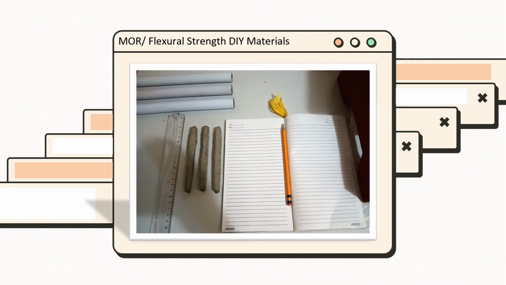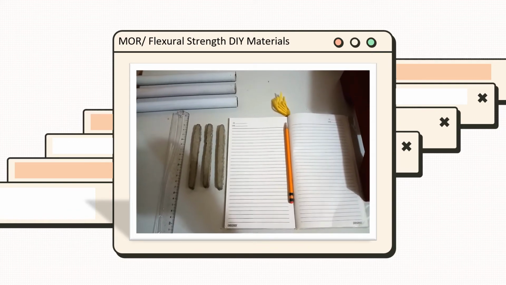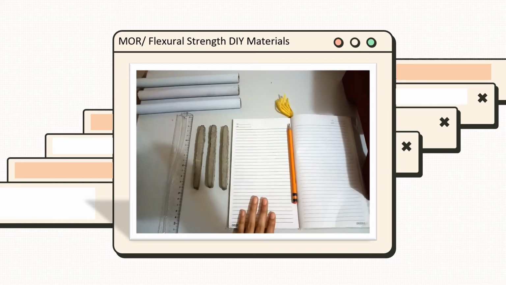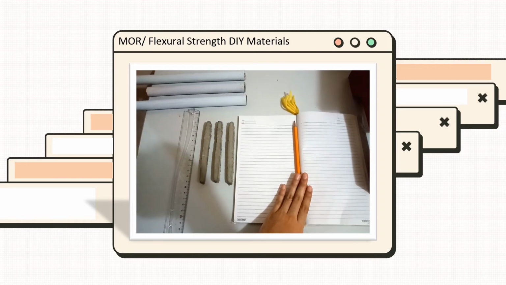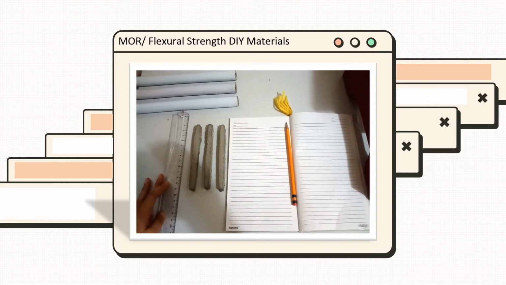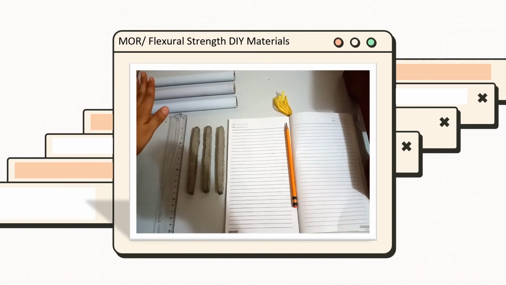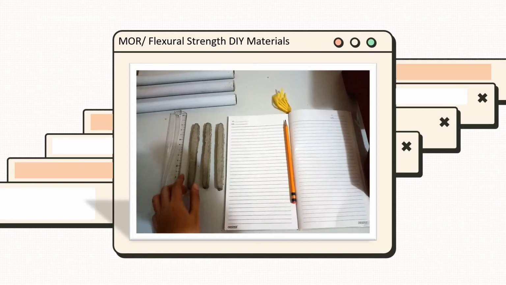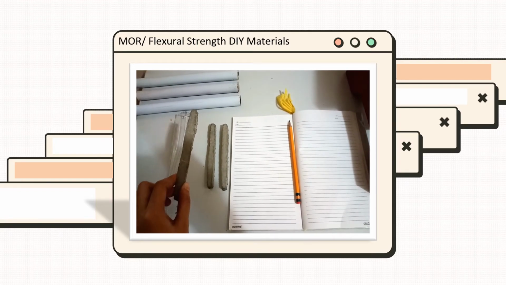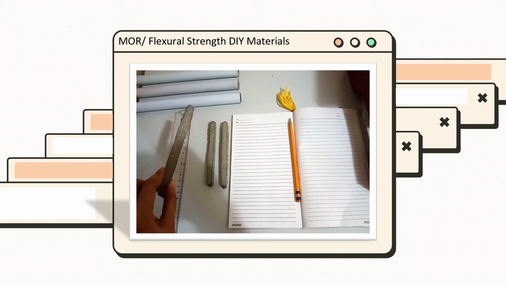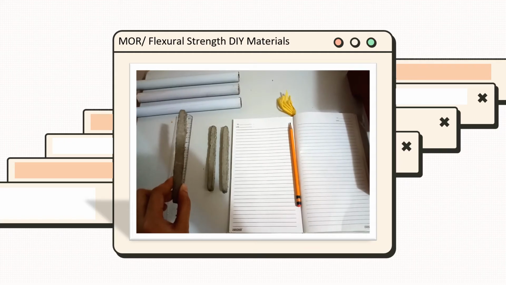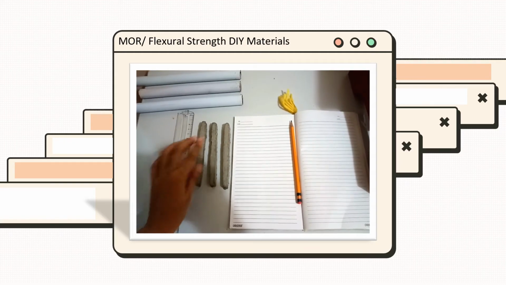So these are the materials I have utilized for the actual operation of the MOR test. We have a paper and a pen for jotting down the results. We have a measuring scale. We have aluminum rods, 3 aluminum rods. And we have a cement bar, which will act as our sample. This is a 12 by 1 by 1 centimeter bar in size.